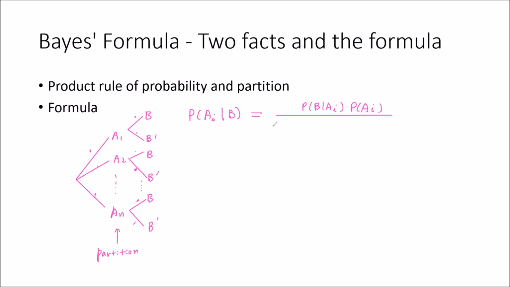And the bottom is the sum of a bunch of products: the probability of B given A1 times the probability of A1, plus dot, dot, dot, plus the probability of B given A sub n times the probability of A sub n. Okay, assuming all these conditional probabilities make sense and the bottom is not 0, that's usually the case. That is the Bayes formula.